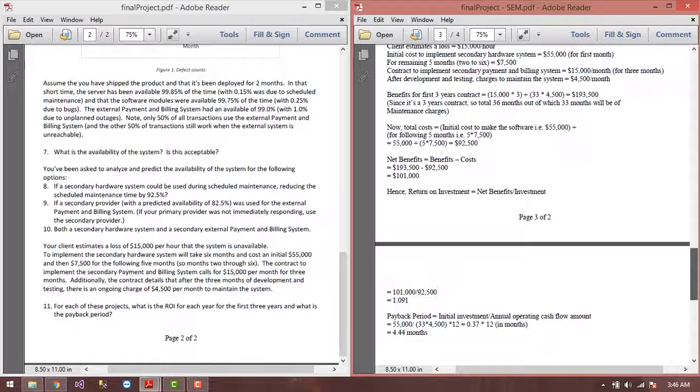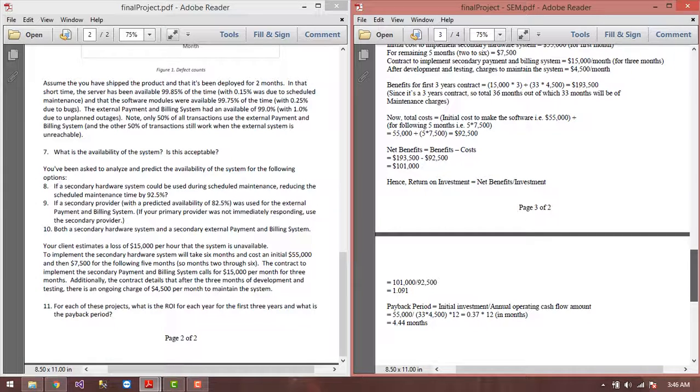So you can see, for calculating the return on investment, we have to calculate the net benefits and the investment we did for that. So we first calculate the net benefits.